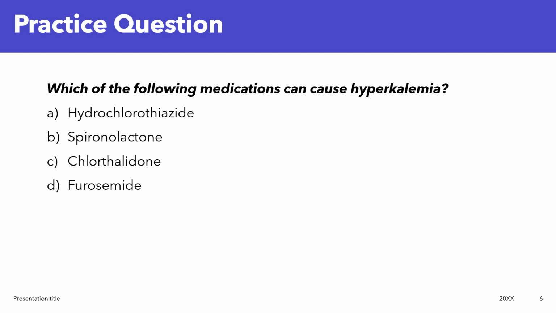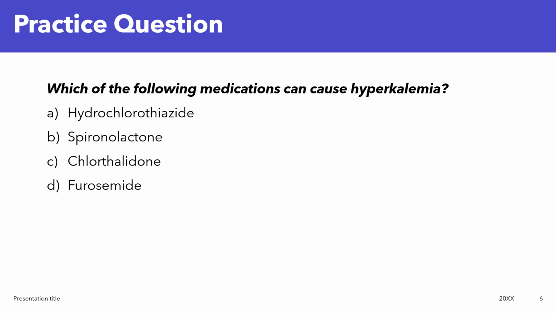You got that right. B, spironolactone is the right answer. So let's look at the other answers and see why they're incorrect. A, hydrochlorothiazide is a thiazide diuretic. Thiazide diuretics cause hypokalemia, not hyper.